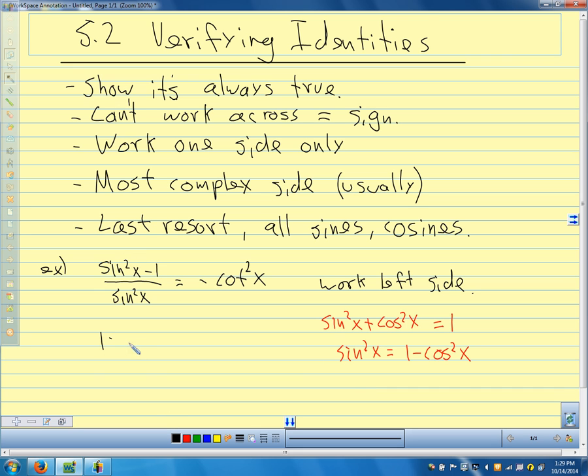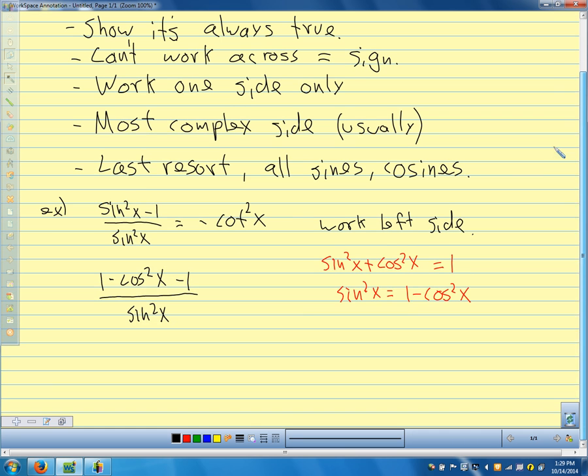So I have 1 minus cosine squared x minus 1 over sine squared x. And I have a 1 and minus 1, so that equals minus cosine squared x over sine squared x, which equals negative cotangent squared x. And we're set. We showed that we could turn this one side of the equation into the other side.